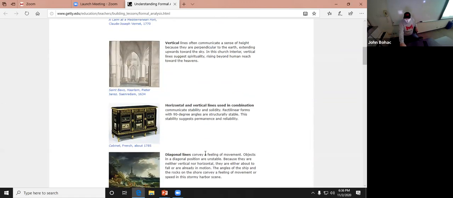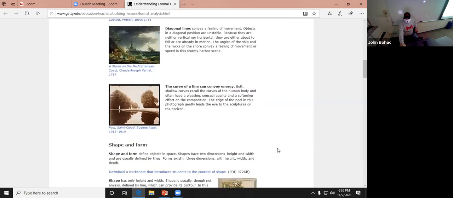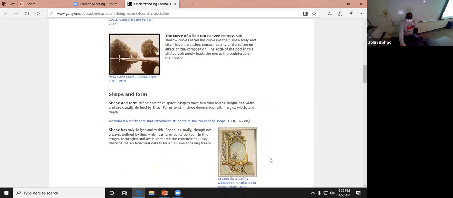So anyway, vertical and horizontal are used, and diagonal. Sometimes you'll find things that are diagonal, curved lines, shape and form. We're talking about these as elements, but they're showing you actual images.